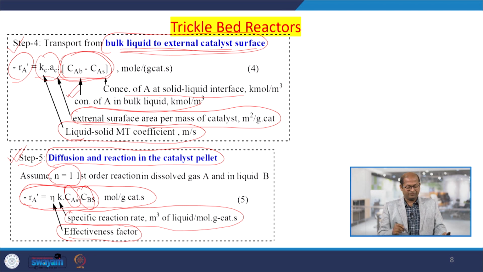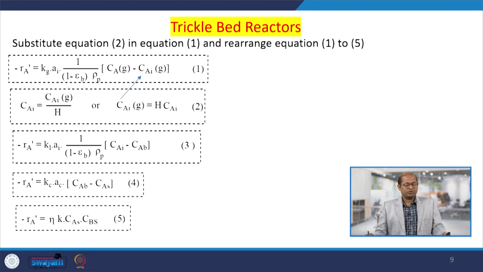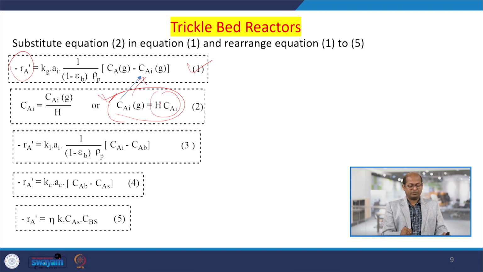Now these are the 5 equations we have developed, and we write them this way. Equation 1 is this, and equation 2 is the interface concentration of component A with Henry's law. Here C A I G we can substitute in terms of H into C A I, the gas phase interface concentration, and this is the interface concentration after solubility of the component.